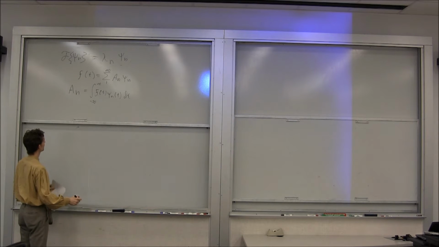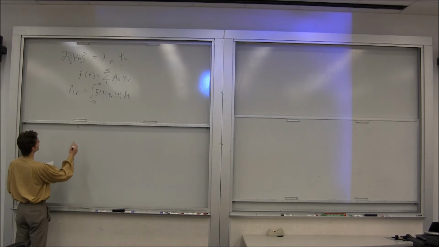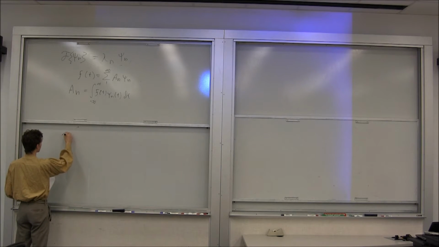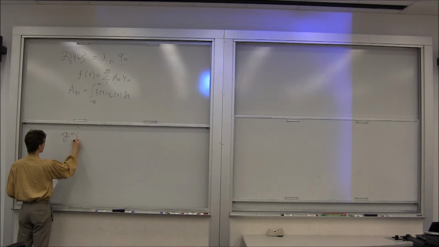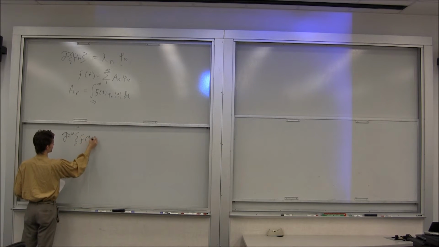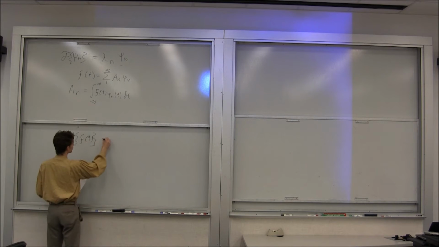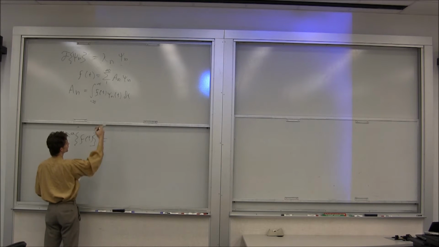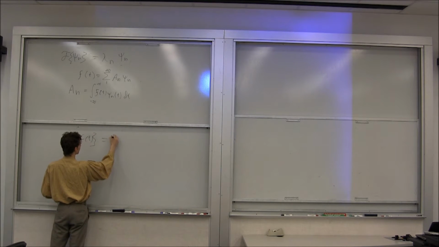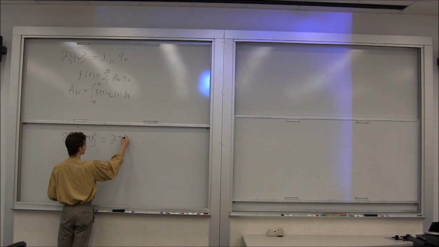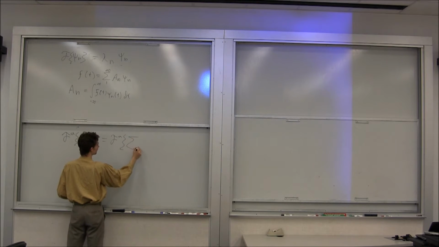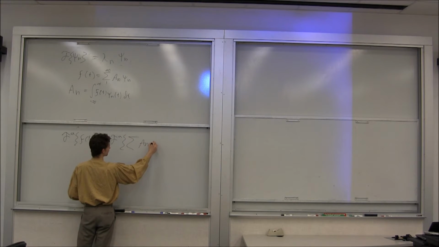Now, if we want to calculate the fractional Fourier transform of f of t, we just raise the parameter lambda sub n to the alpha in front of each term. So this just equals the fractional Fourier transform of the sum of a sub n psi sub n.